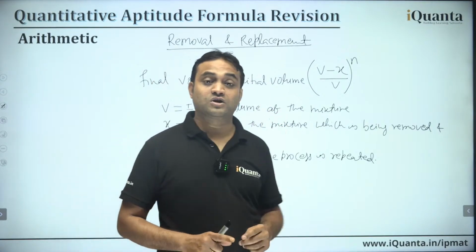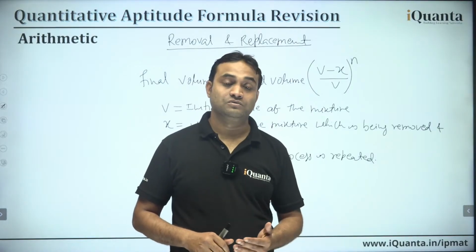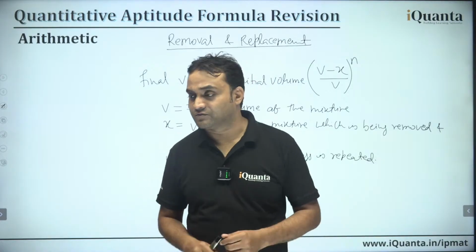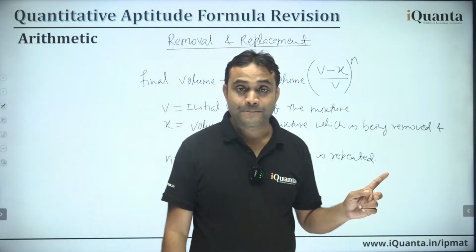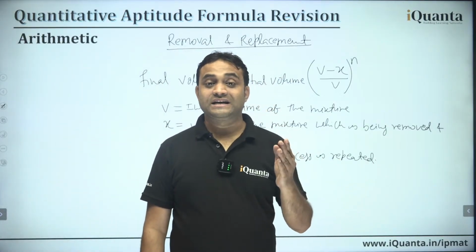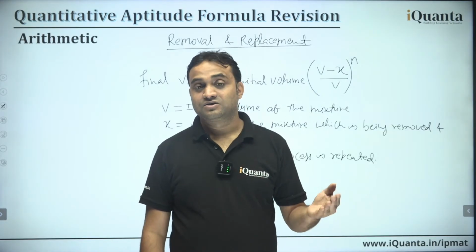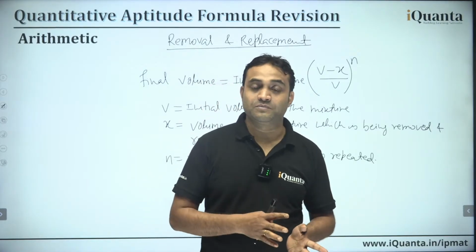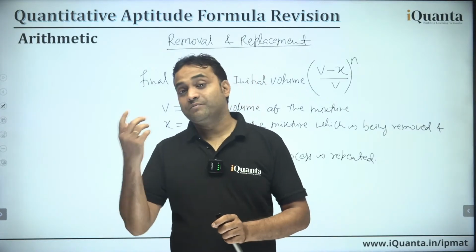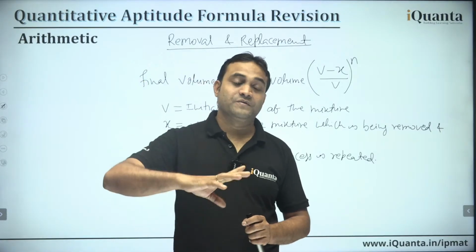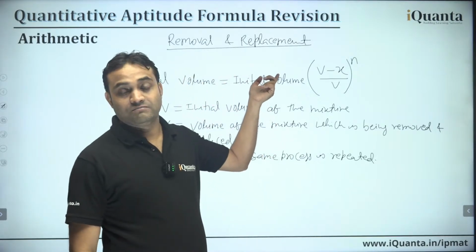Now instead of volume, you can also use the percentage, the initial percentage of the element, or the initial ratio. Whatever is given, you can use any of these, volume, ratio, percentage, but किसका यूज करेंगे? जिसकी क्वांटिटी कम हो रही है. ओके, उसका यूज नहीं करेंगे जिसकी क्वांटिटी बढ़ रही है. तो जो अभी स्टोरी मैंने सुनाई, that 100 liter mixture of which 80 liter is milk, 15 liter is being removed, and then 15 liter of water is being added, then you can use the volume 80 here only, not the 20.